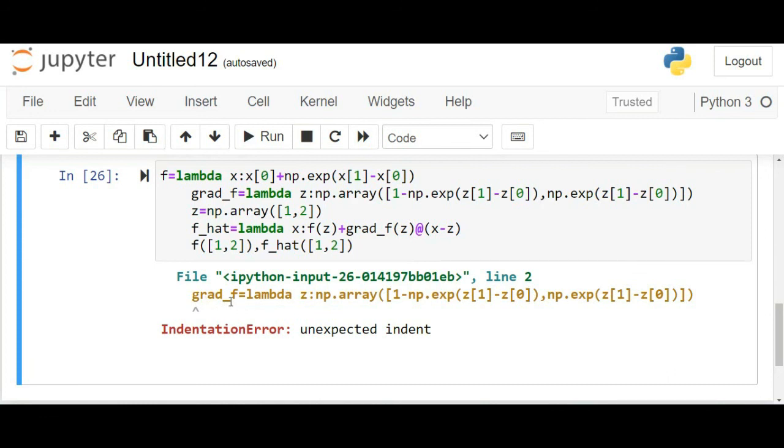Okay, unexpected error, lambda 1 minus np.exp.